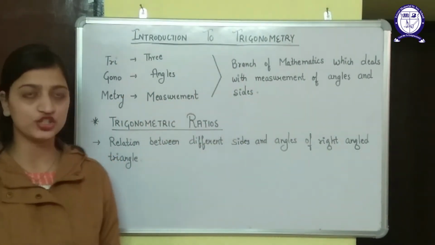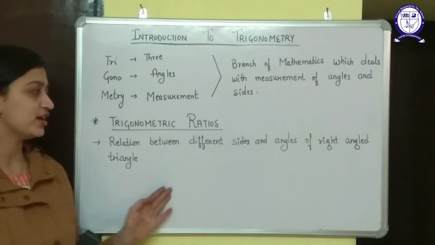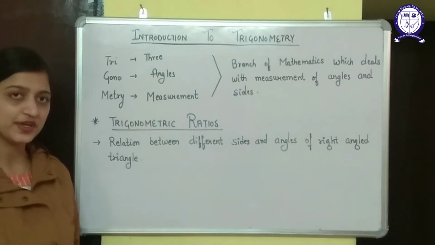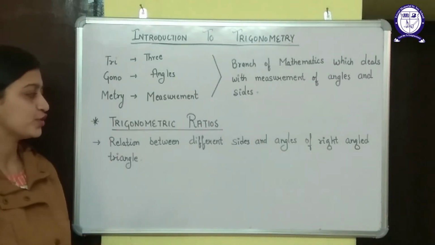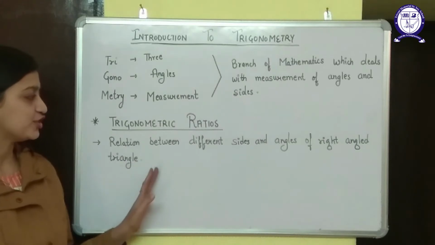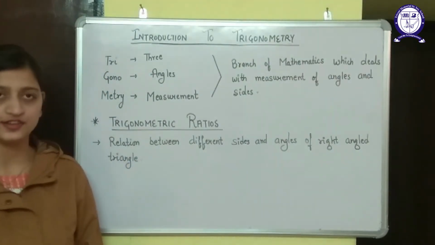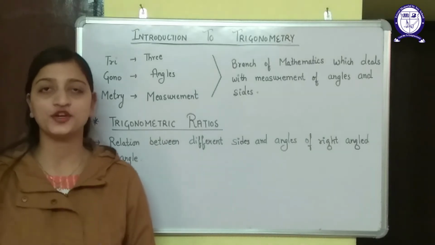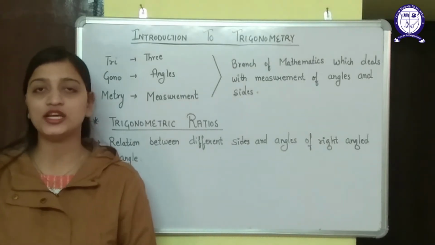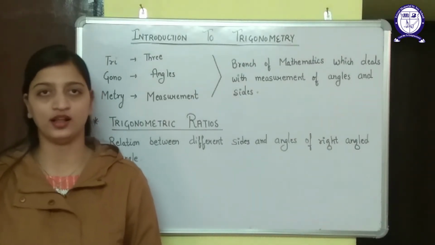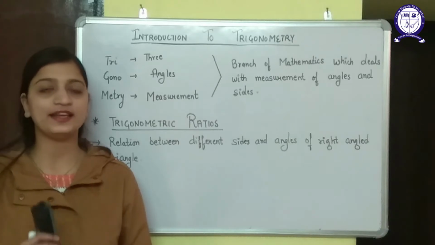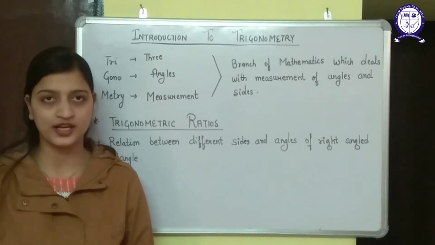Now coming to the first topic, that is trigonometric ratios. Now what are trigonometric ratios? Trigonometric ratios define the relation between different sides and angles of a right angle triangle. First of all, trigonometry can be applied only in a right angled triangle. We cannot apply it in any acute angle triangle or obtuse angle triangle.